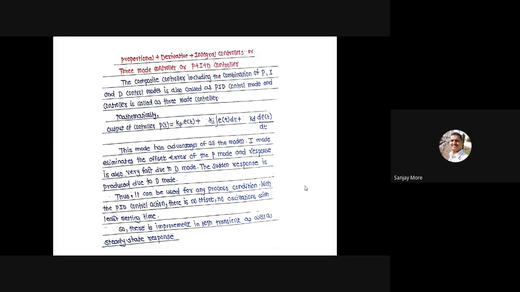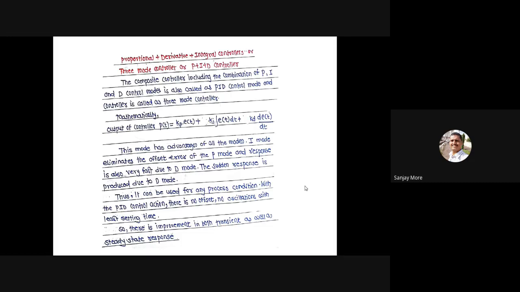Write down: the composite controller, including the combination of P, I, and D control modes, is called the PID control mode, or three mode controller.